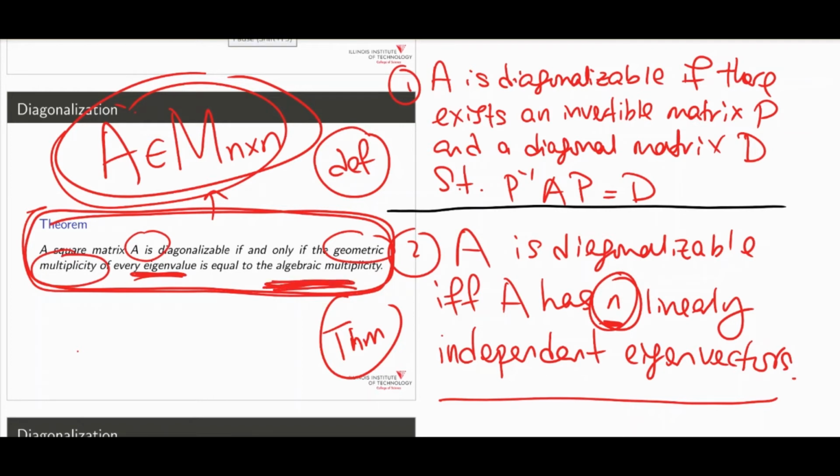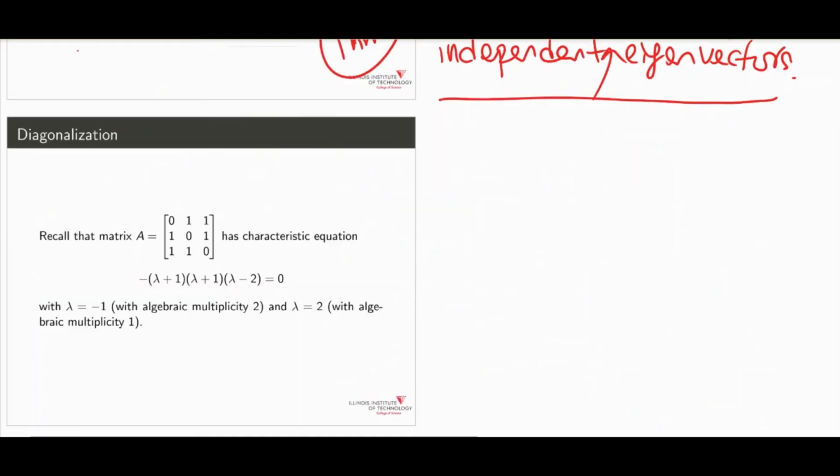If you have that, then we are guaranteed n linearly independent eigenvectors, so we can diagonalize the matrix. The geometric and algebraic multiplicities are basically a measure to tell you whether we can have enough linearly independent eigenvectors or not. All right, let's look at it with an example.